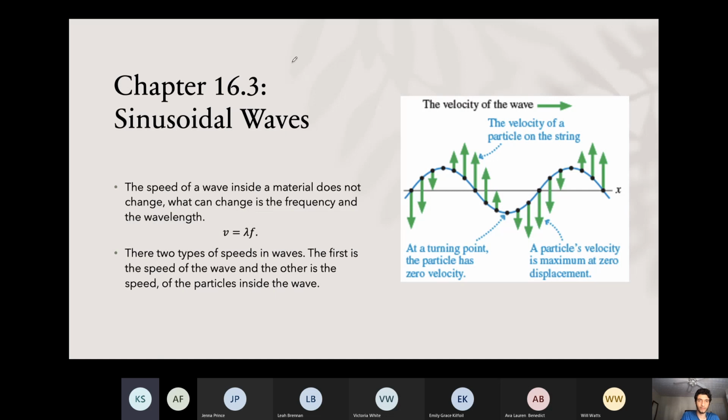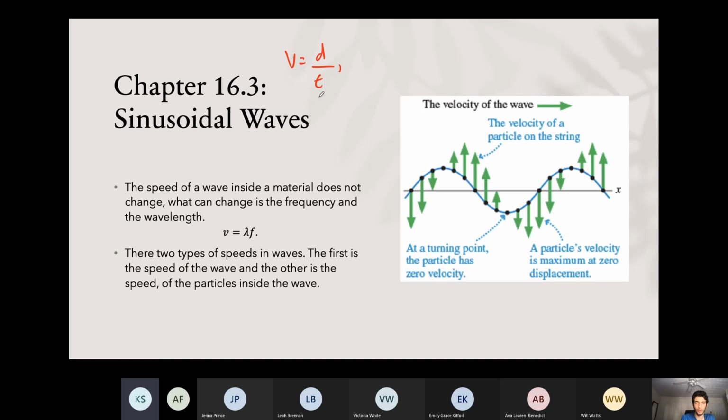We know that v is equal to some distance over time, where lambda is the wavelength, and the wavelength is the distance between two consecutive points, or the distance for a full wave, for one cycle.